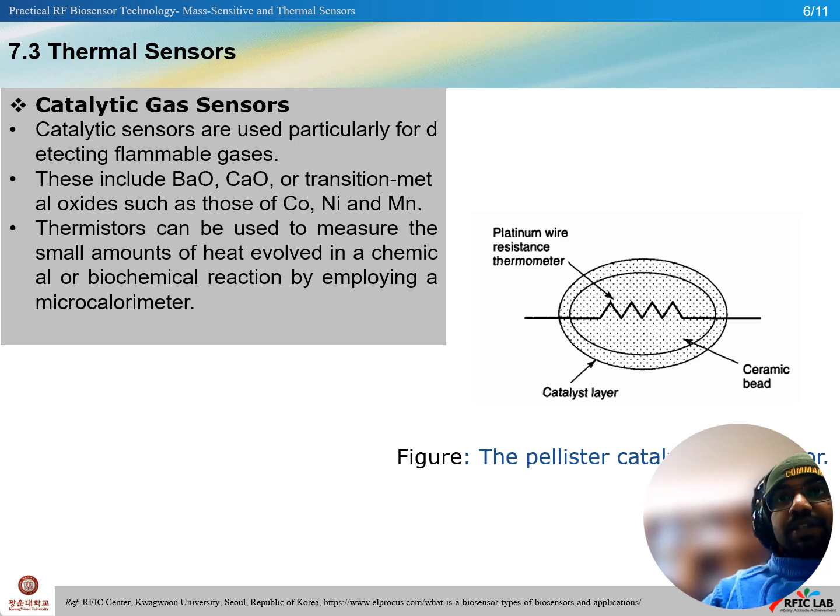On the left hand side we can see the schematic of a catalytic gas sensor, in which platinum wire resistance is used and a ceramic bead for the catalytic layer of the catalytic gas sensor.